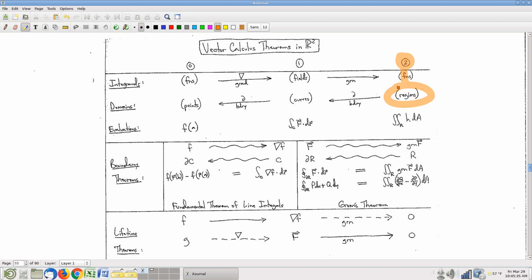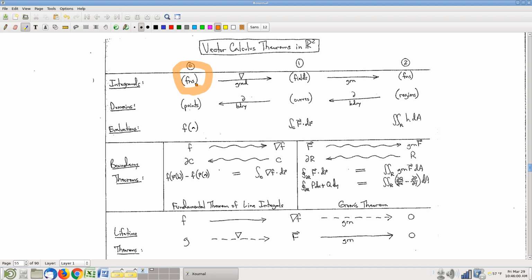The boundary of a 2-dimensional region is, if you think about it, a 1-dimensional curve. And if you were to take the boundary of a 1-dimensional curve, it's going to have endpoints, namely 0-dimensional points. So we have this, again, this idea of a boundary operator. We have existing operations.